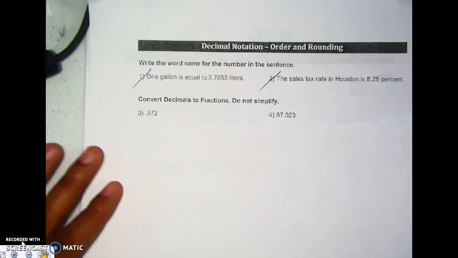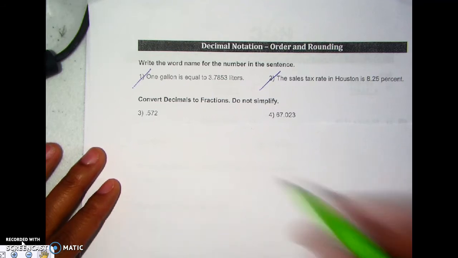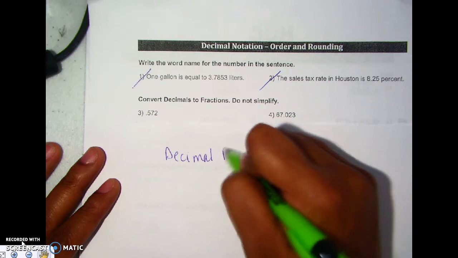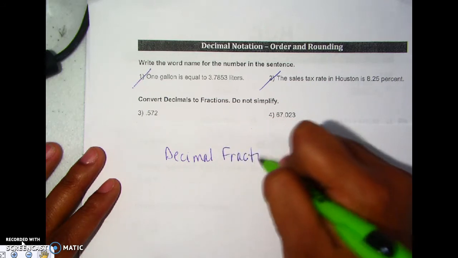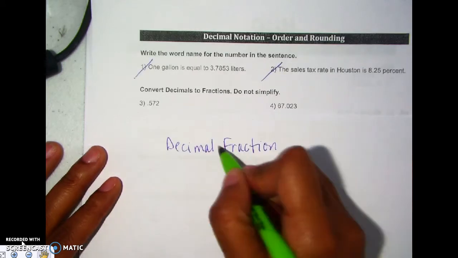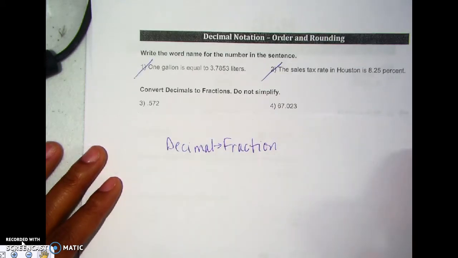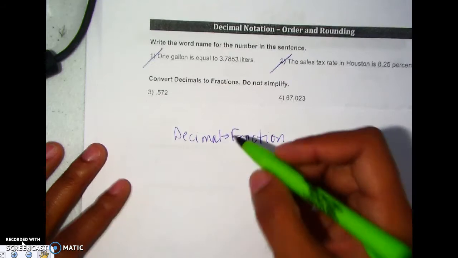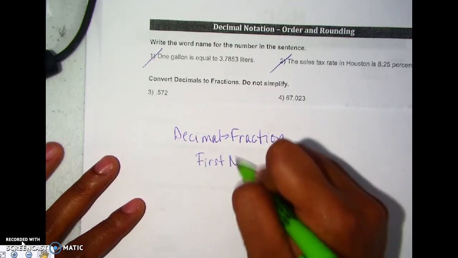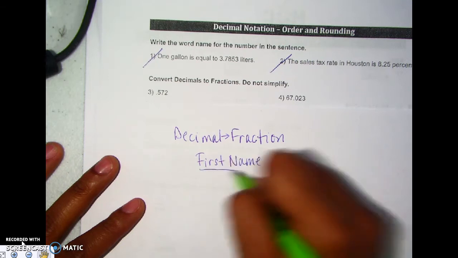Okay, so how to change a decimal into a fraction. Again, I'm just going to jump around off of these worksheets. If you want to go from a decimal to a fraction, then the method I was showing in class is called first name over last name.